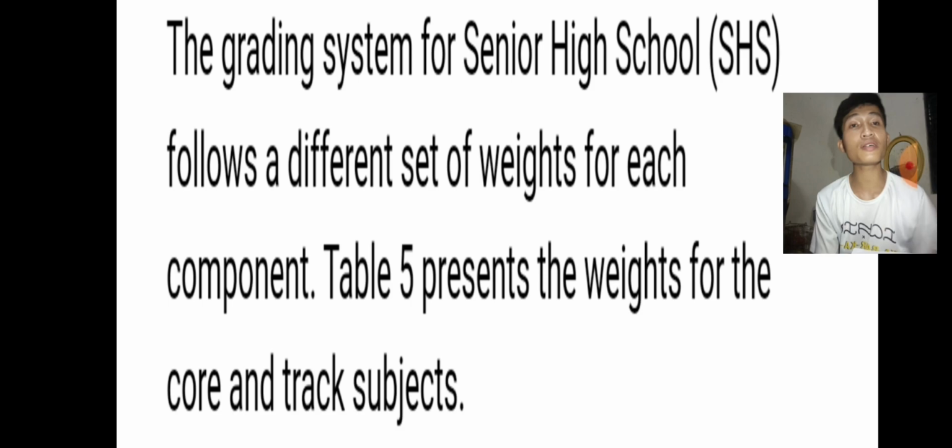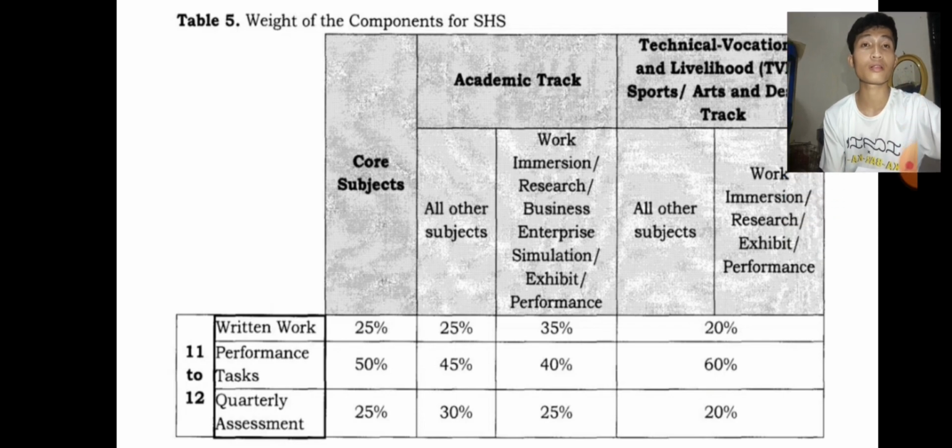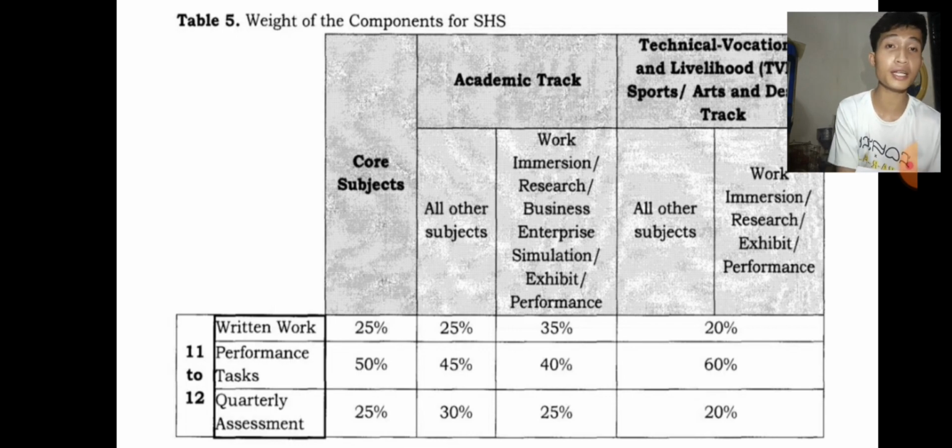The grading system for senior high school follows a different set of weights for each component. Table 5 presents the weights for the core and track subjects. For the core subjects, written works is 25%, performance task 50%, quarterly assessment 25%.